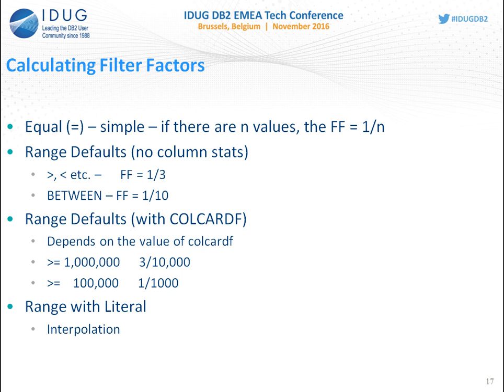First off, it depends on whether you've gathered column statistics, whether you've gathered distribution statistics, whether you're using a literal or a variable. And range predicates with a host variable are the biggest problem for the DB2 optimizer, because it has no way of knowing if you're asking for a tiny range or a great big range.